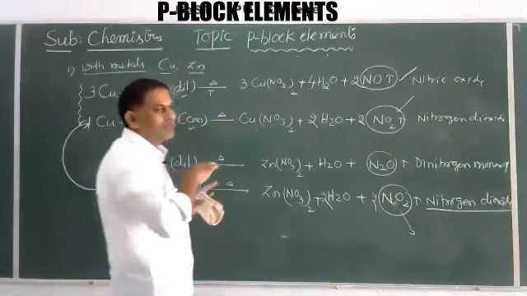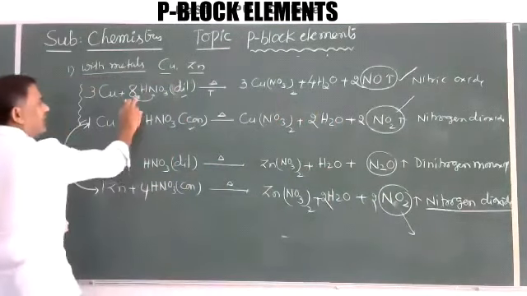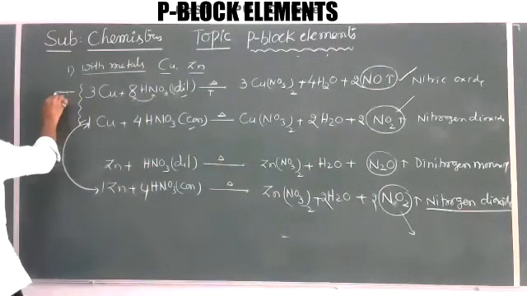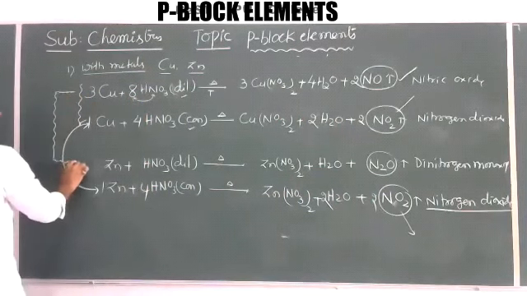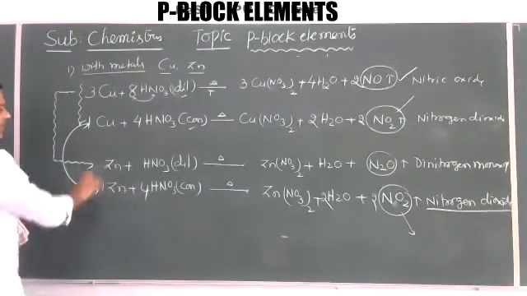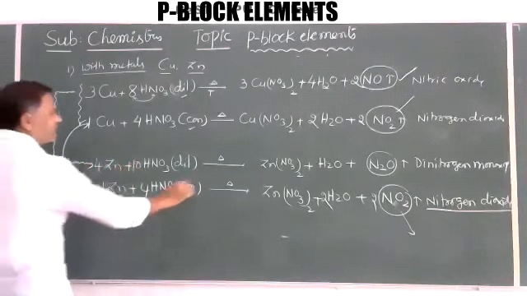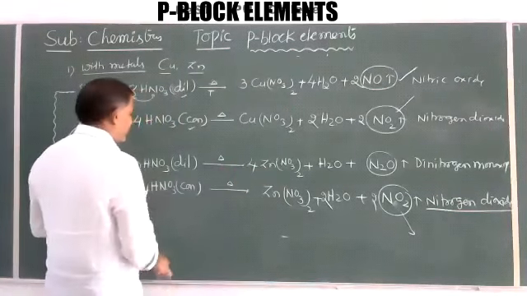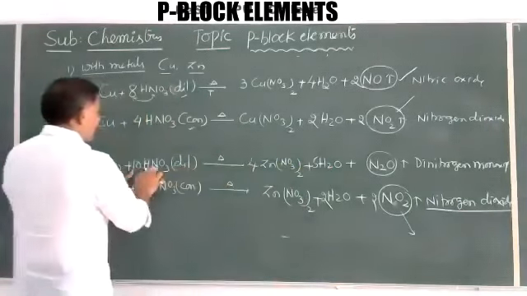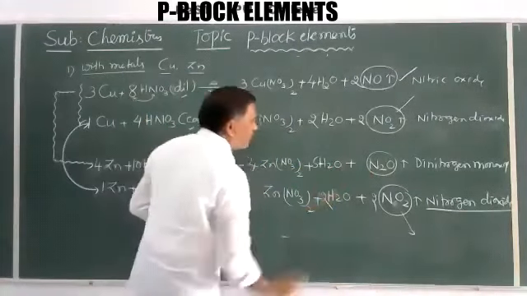Both are the same, but the variation is only in dilute conditions. That's why these two are very, very important conditions. Take 4 and 10 moles. Here 4 Zn(NO3)2, 5 H2O. Here 8 are there, the remaining 2 balanced, and N2O balanced.